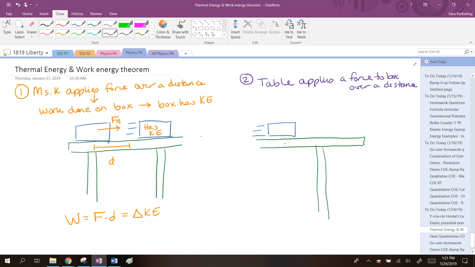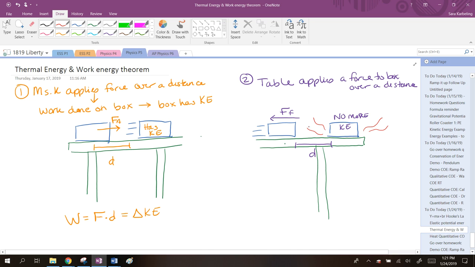So there's a force in this direction over a distance, and in doing so, the box loses the kinetic energy. No more kinetic energy. But that energy, instead of being kinetic now, has escaped into the rest of the world as heat.